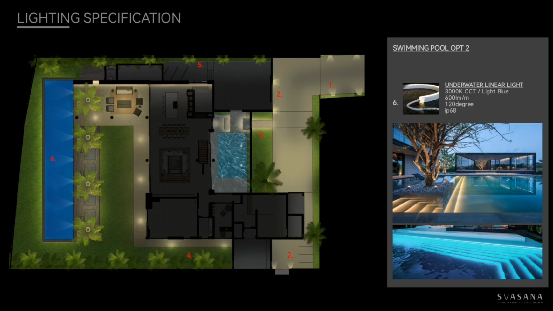The idea is that sometimes at night time you cannot really see the sceneries outside of the building, so we create something special in your pool, so we can enjoy it at night time. Something like that. So it's something special.